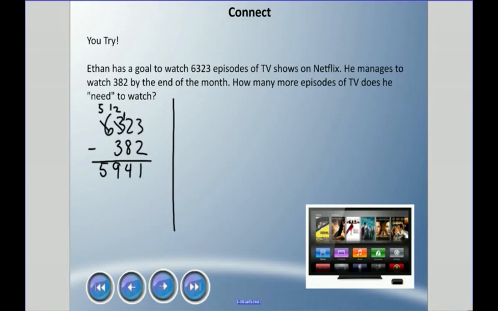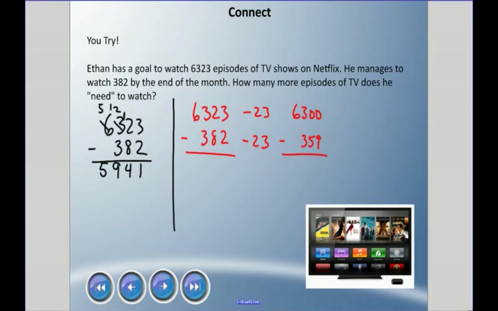Okay, let's do the friendly number meets estimating. So, 6,323 minus 382. Well, to make this easier, maybe let's subtract 23 here to make that 6,300. But I have to do the same thing here. So 6,300. So we're going to get 359 here. Now, what can we do to make this a little bit easier?